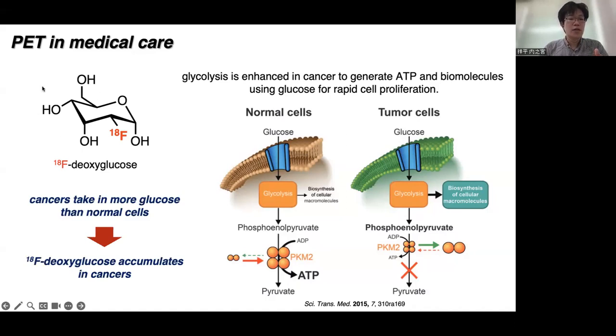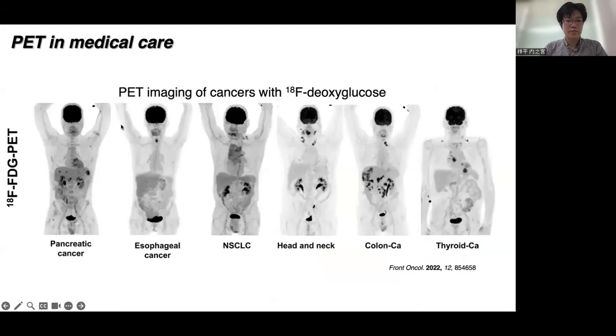So this deoxyglucose can spontaneously accumulate in cancer. Based on this principle, we can conduct cancer imaging like this. Of course, we can see high signal at the brain and the kidney, but we can see several strong signals here. So here is a cancer, and we can easily understand where this cancer is inside our body.